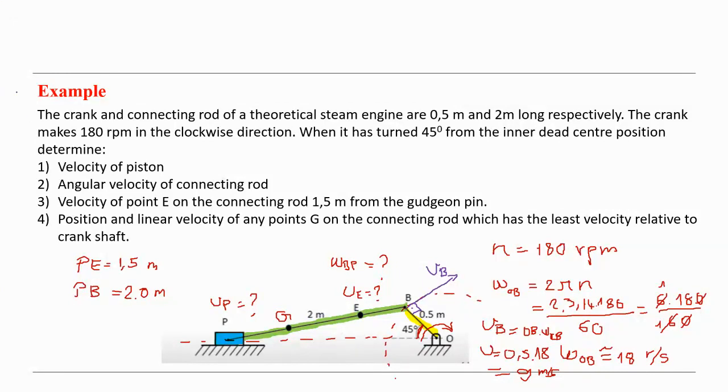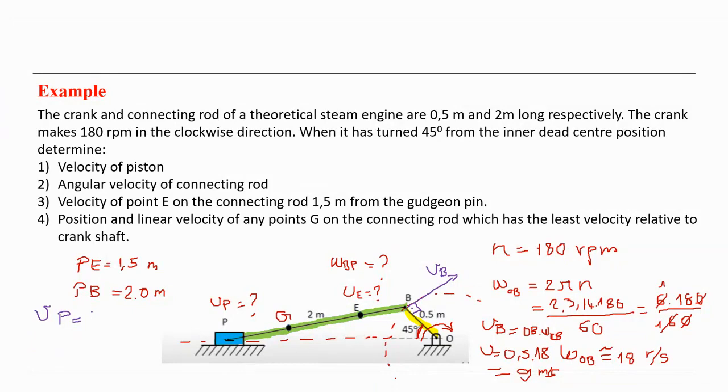Let's come to the question: the velocity of the piston, here at P. We know the direction of the velocity of the piston, so we can write the following. We know VB, and B and P are on the same link, which is the reason why we are writing these equations.